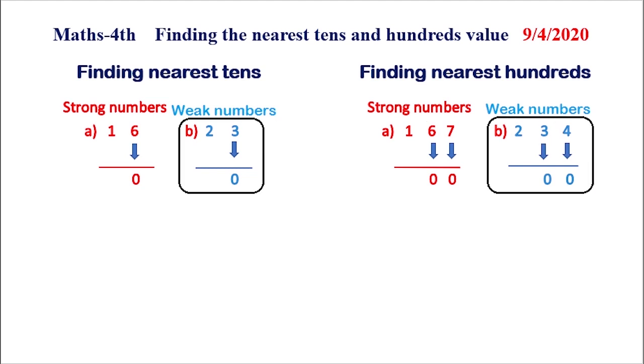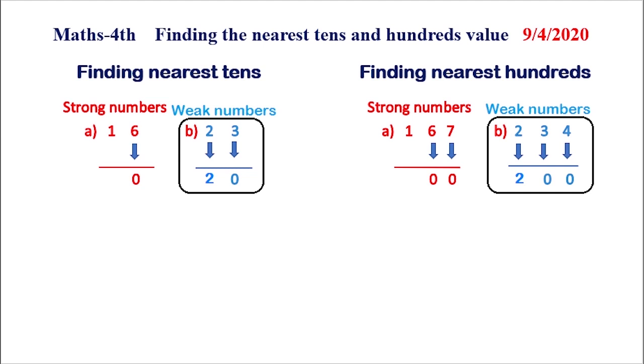Now let's solve the weak numbers first. If you have a weak number on your ones place when you are finding the nearest tens, or a weak number on your tens place while finding the nearest hundreds, in both cases you need to write down the remaining number.